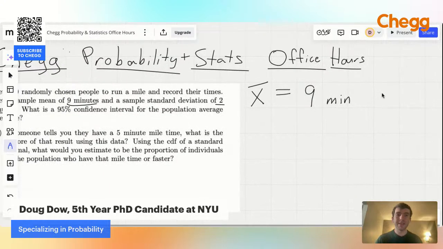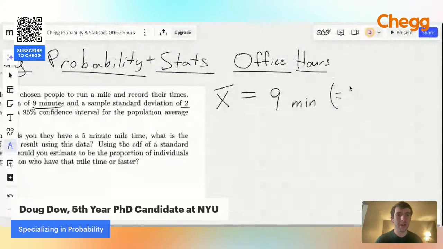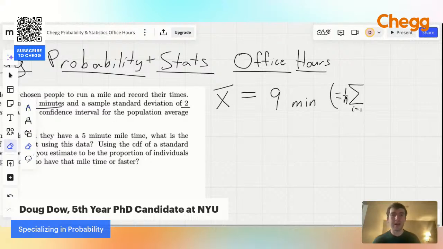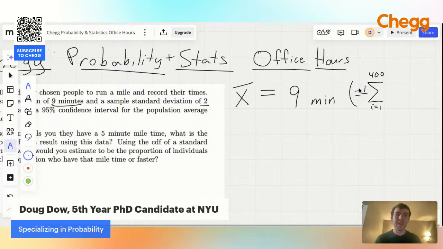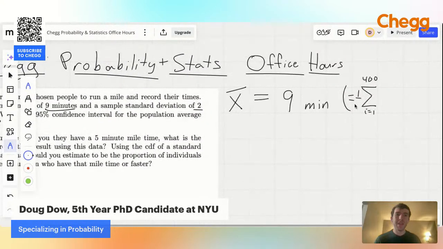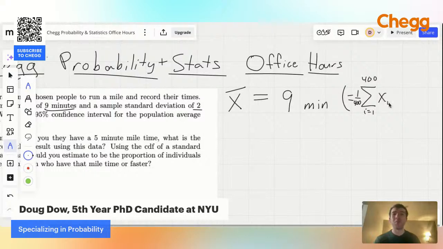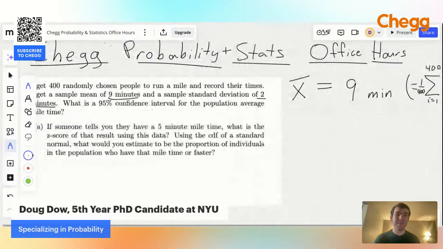We don't need to use this for this problem, but the way that we calculate this, if you actually have the data, is you take the sum of all of the data points from i equals 1 to 400, and then we sum them and divide by 400. So this is the average mile time of all of the data.